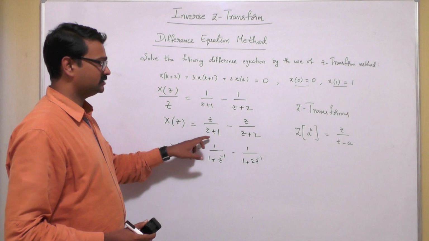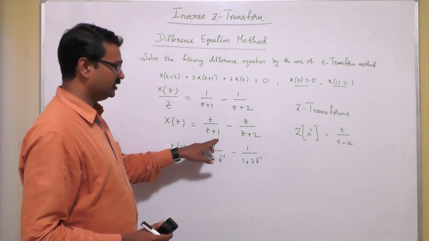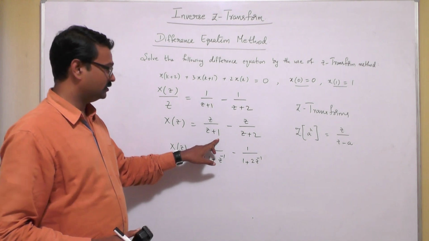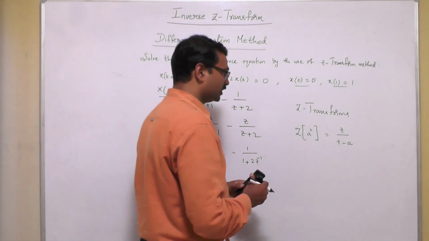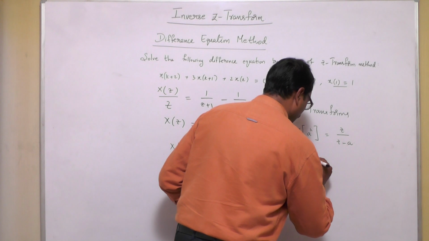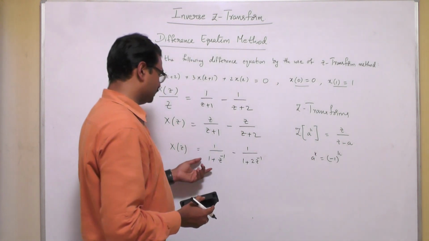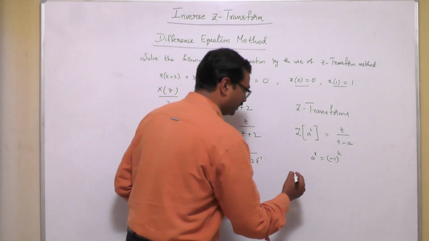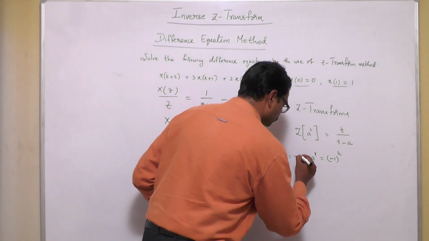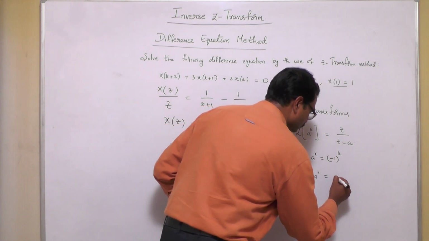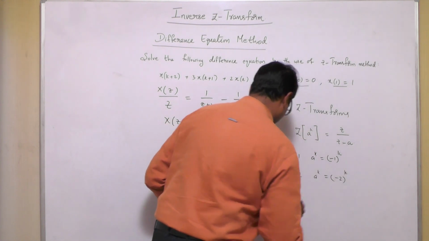Now if a is equal to minus 1, you are having minus 1 power k. So a power k indicates minus 1 power k in our case. And if a is equal to minus 2, a power k is equal to minus 2 power k.